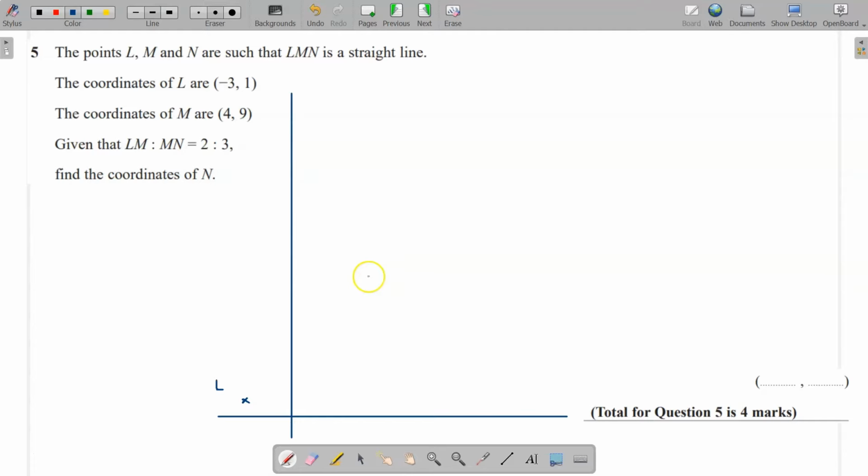I'm estimating on my scale it's about there. That's my point M. And then we've got this third point 1.5 times that distance away up here somewhere. If I draw a line through those points, I'll be able to extend it. So that's going through LM and it's going up to about there somewhere.